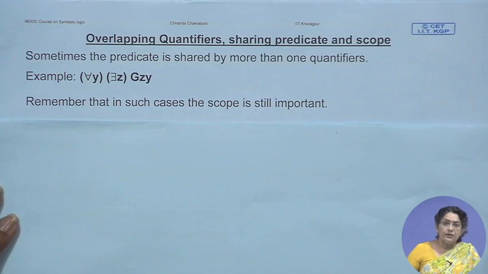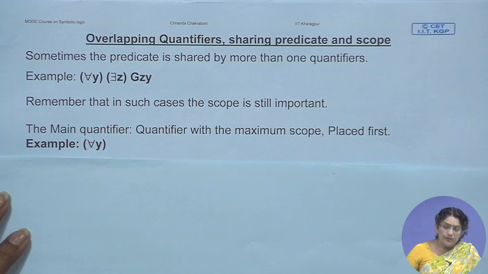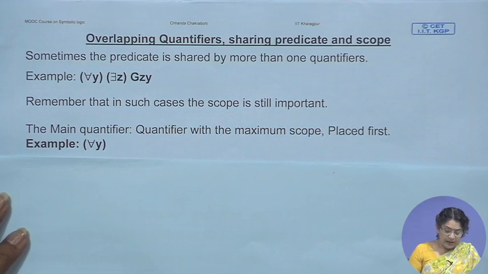Here also, keeping the scope separate, or giving the scope enough importance to understand the predication, is going to be quite important. In this case, there are two quantifiers, but there is one main quantifier, which is the first one, the for all y. Why?